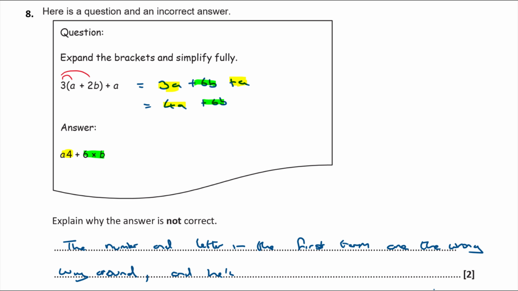And he's left the multiplication sign in the second term. Okay, so that's what he's done wrong. He's made 2 mistakes. So it's a 2-mark question. They're looking for both mistakes for the 2 marks, I think. So you need to mention both of them, I would say.